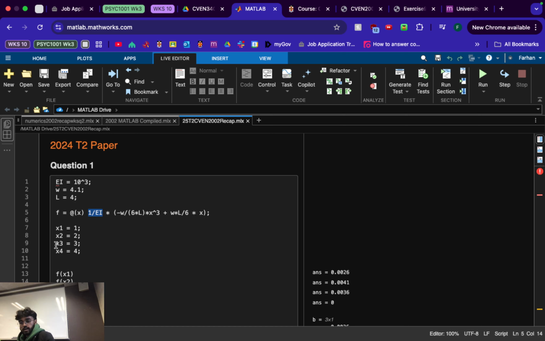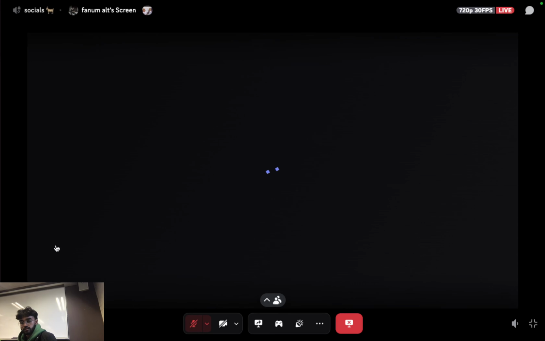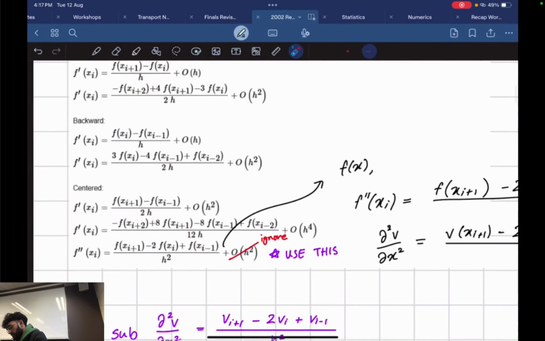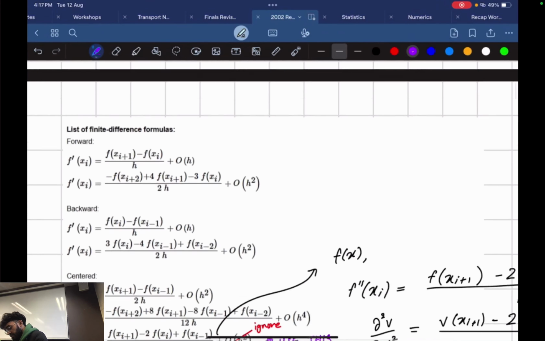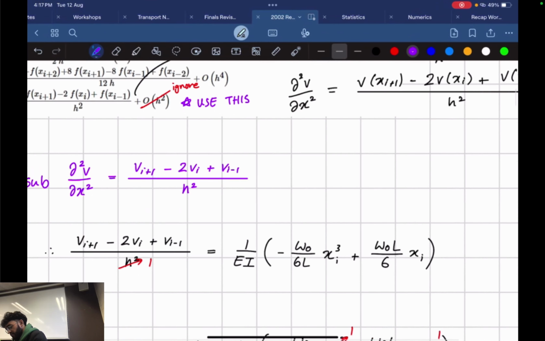Another thing to note is that I've subbed it in, and instead of just taking X, I've taken it as Xi now. So I'm going to have everything in terms of i. So i equals 1, i equals 2, i equals 3, i equals 4. That just shows the point of interest that I'm looking at.